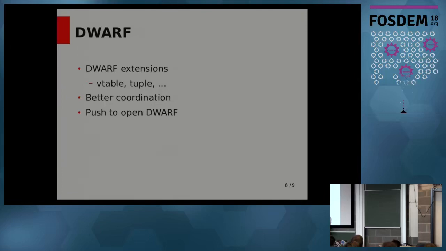However, the Dwarf standard is currently run in a very closed way. Pierre-Marie from AdaCore submitted a bug against the Dwarf standard for this thing that we were talking about with variant types, and it took 3 weeks for the bug to even appear on the website. And once a bug appears, there's no way to comment on it. I can't go and say, this bug came from here, and I want to do this, and I think this is more logical.